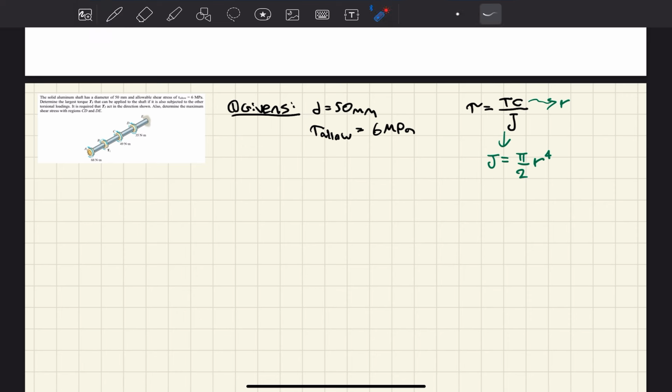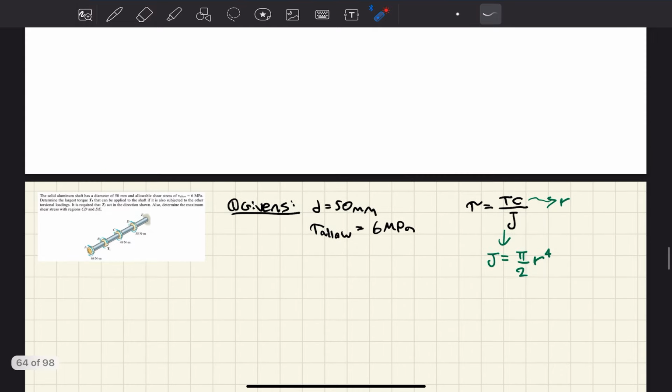Okay, how about the torque? Well, the torque is a bit different. It's the exact same thing we've been doing for beams for a while now, and we're going to get back to it in bending. But it's the same concept carried on to circular regions, or torques.